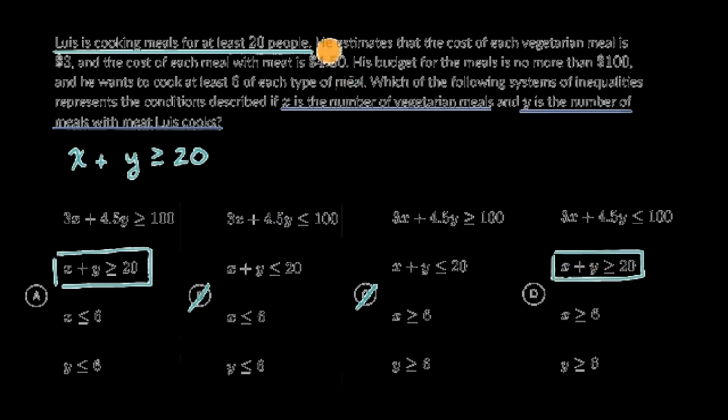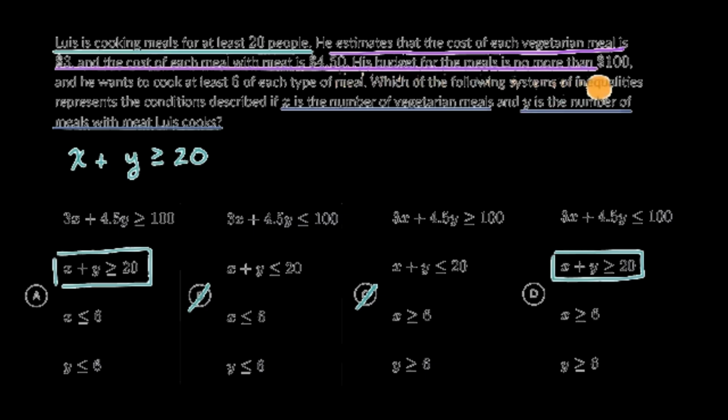The next constraint they tell us: he estimates that the cost of each vegetarian meal is $3 and the cost of each meal with meat is $4.50. His budget for the meals is no more than $100. So how much is he going to spend in total? Well, on the vegetarian meals, he's going to spend the number of vegetarian meals times $3 per meal. So that's how much he's going to spend on vegetarian meals.